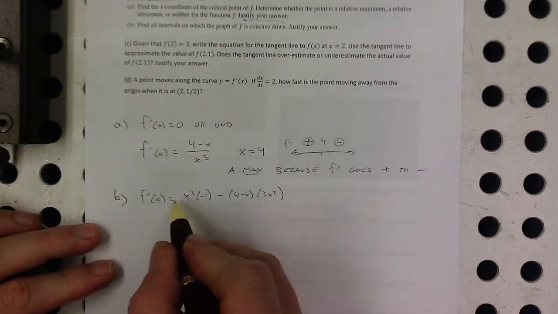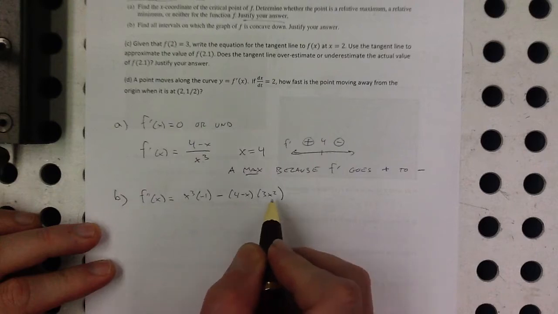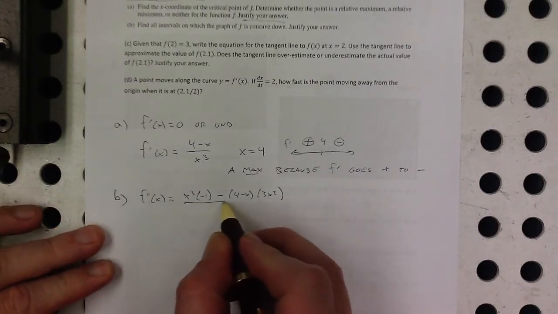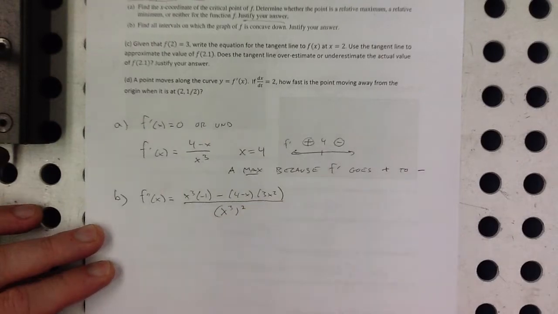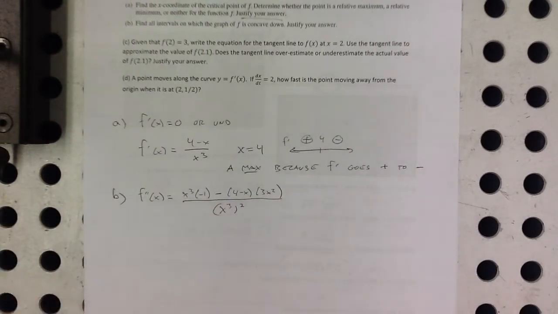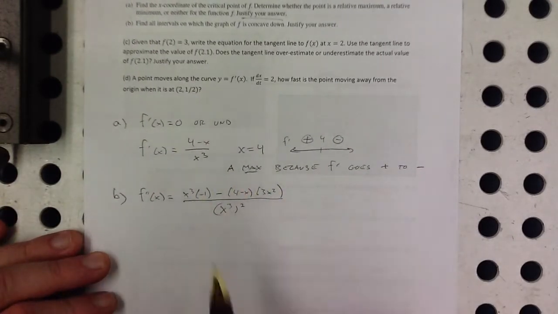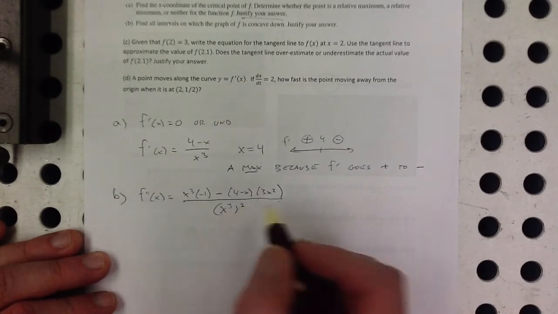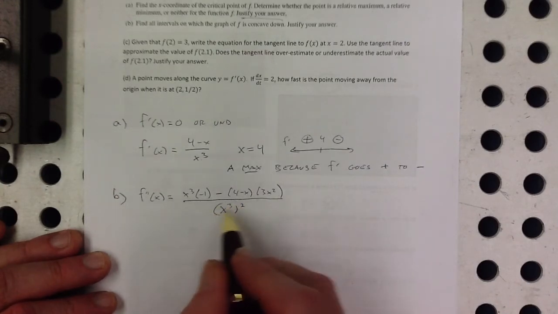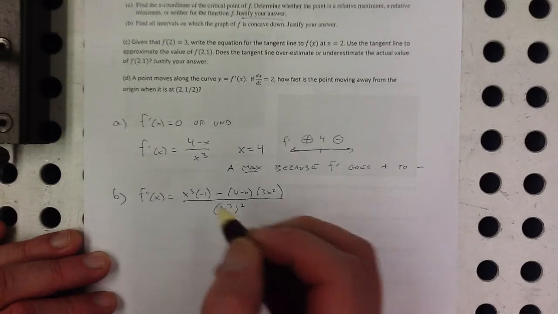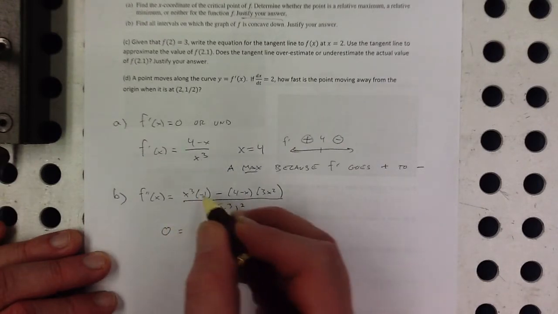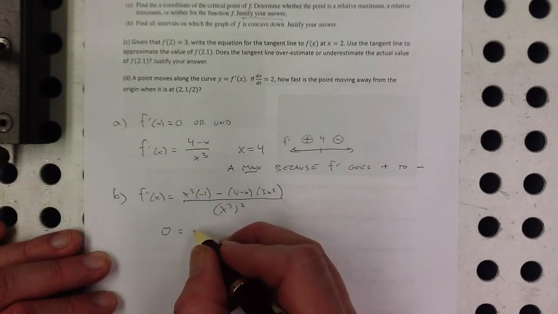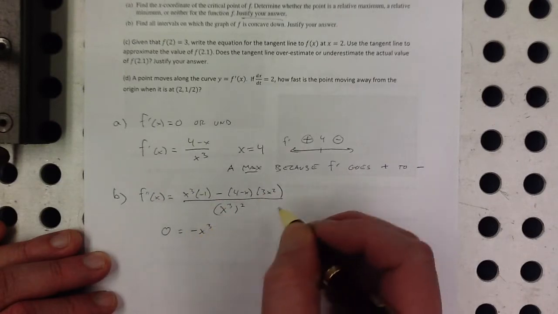Okay, so low d high minus high d low over low low. So inflection points, I'm looking for places where this is equal to 0 or undefined, but that's not part of the domain. That's only at 0, so I don't have to worry about that. So I need to set that top equal to 0, and I need to simplify that.